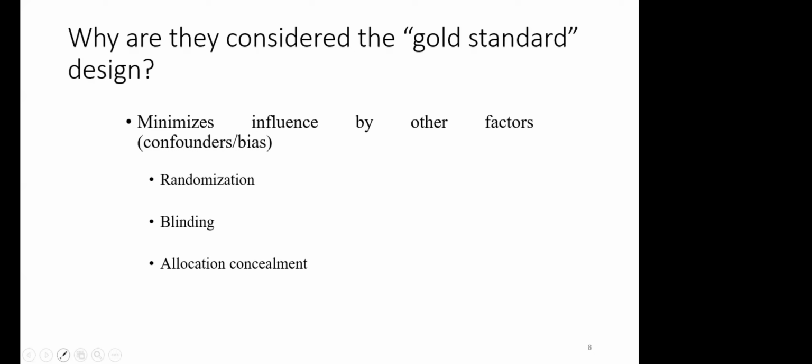So this prevents selection bias where recruiters may either consciously or unconsciously assign certain patients to one group. Yeah, so all these factors that are aimed at reducing confounders and bias then allow for evaluation of a causal effect. And now this contributes to why RCTs are considered the gold standard research designs.